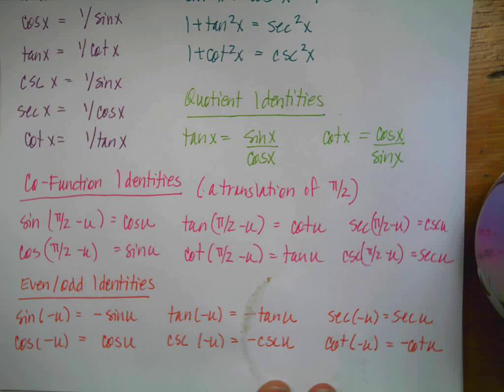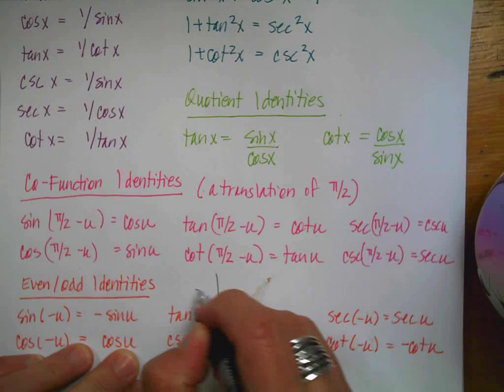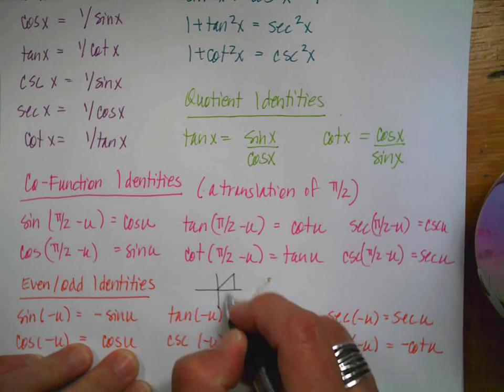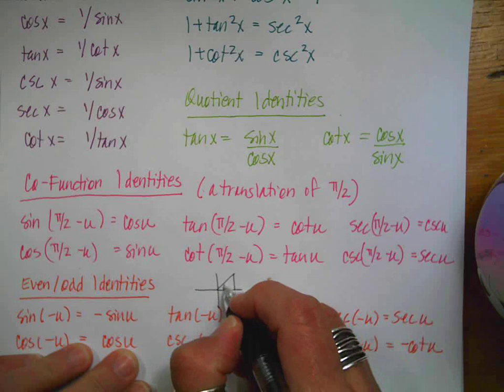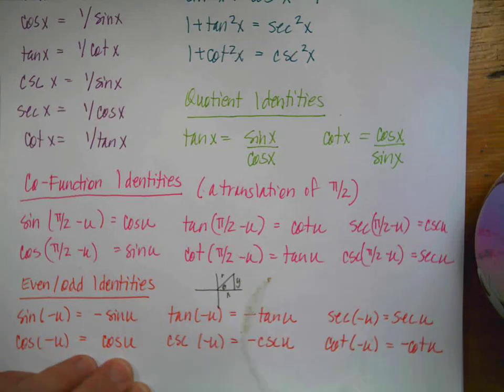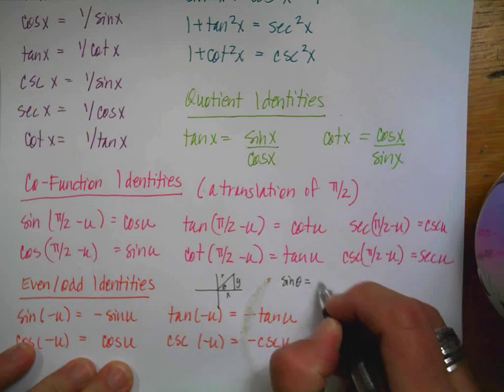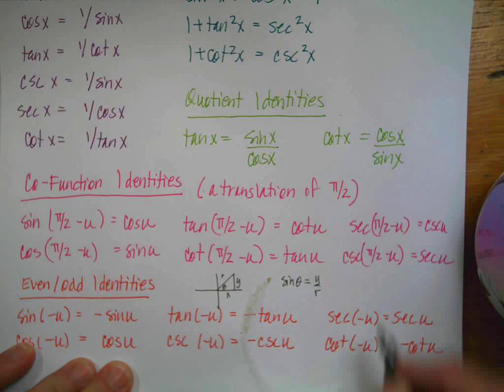The even-odd identities say if I take an angle and I do its negative rotation, what happens? And I also don't memorize these because I can manage that information by thinking about a positive and a negative rotation. So let's say this is theta, and this is x, and this is y, and this is r. So the sine of the original theta would be y over r.